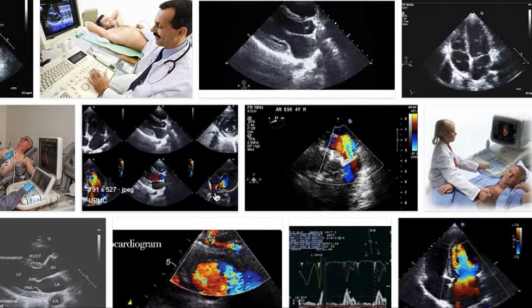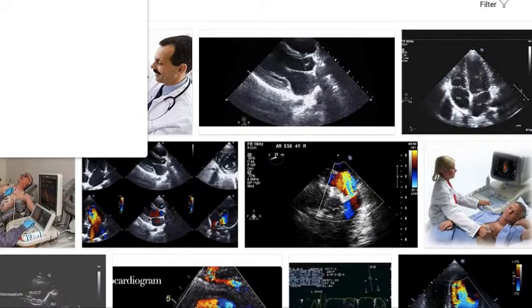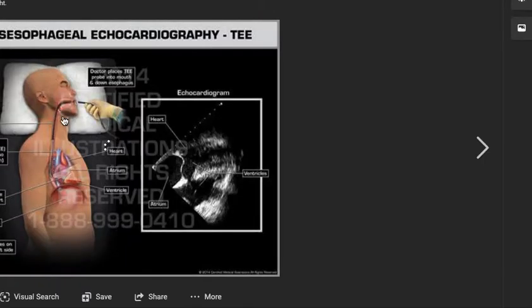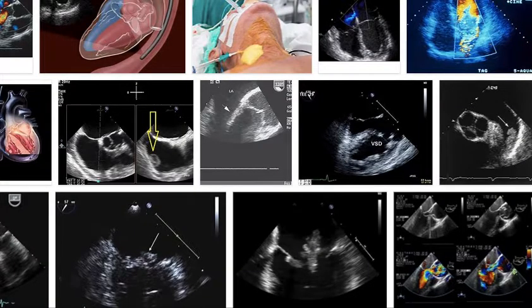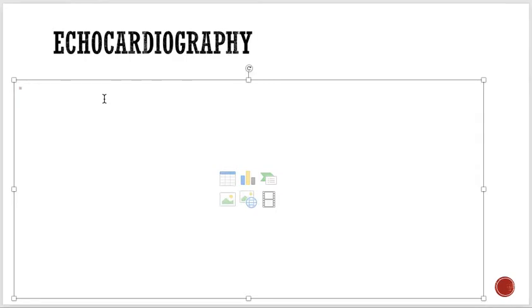There is also transesophageal, in which they put the probe through the mouth, inside the esophagus, and this probe can see the heart. This is transesophageal echocardiography, also called TEE, and the previous one, transthoracic echocardiography, is also called TTE. So there are two kinds: transthoracic and transesophageal echocardiography.